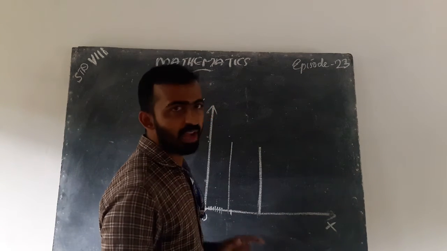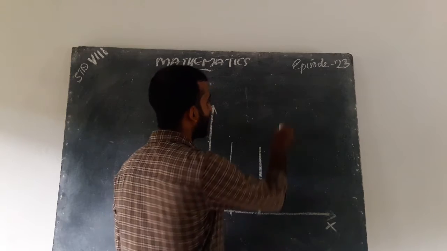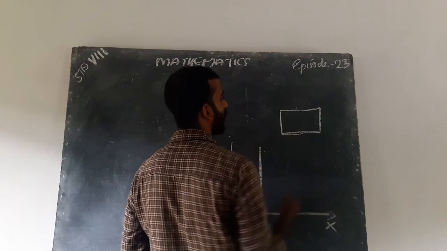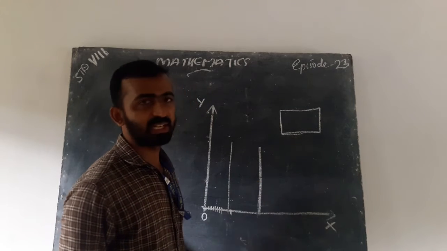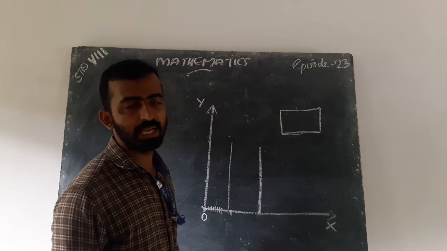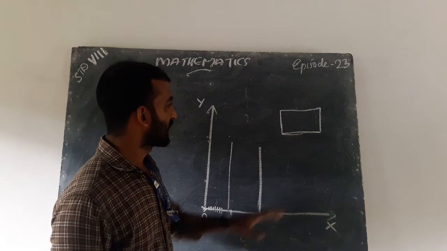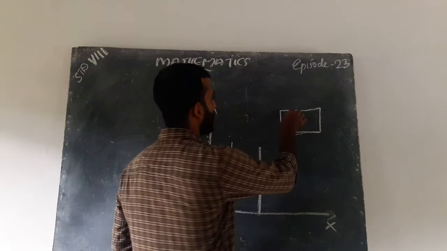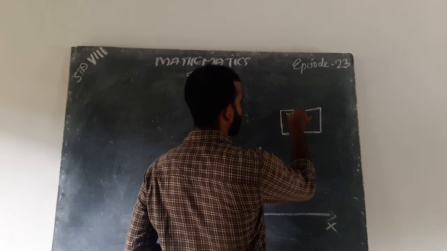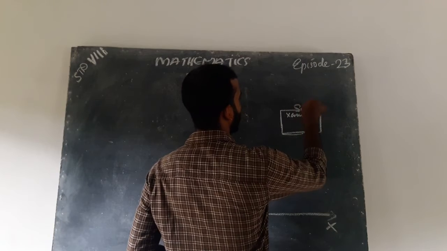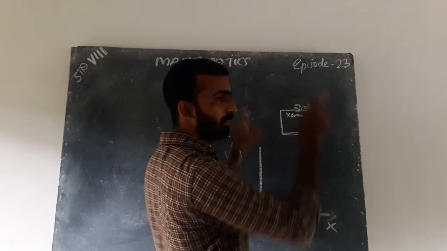When we draw a graph, we write the scale on the right top position of that graph. That is, we write the scale and make a box.